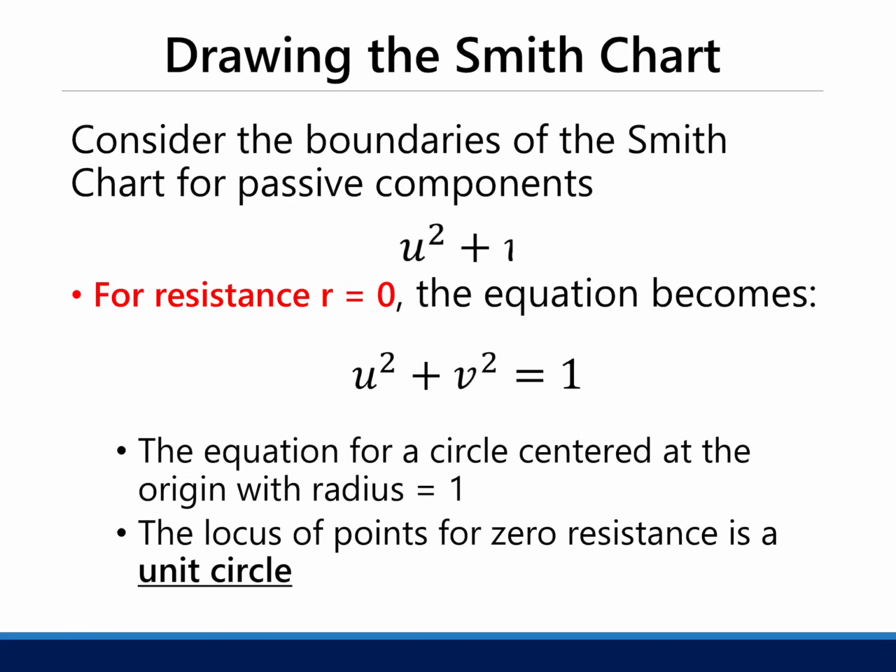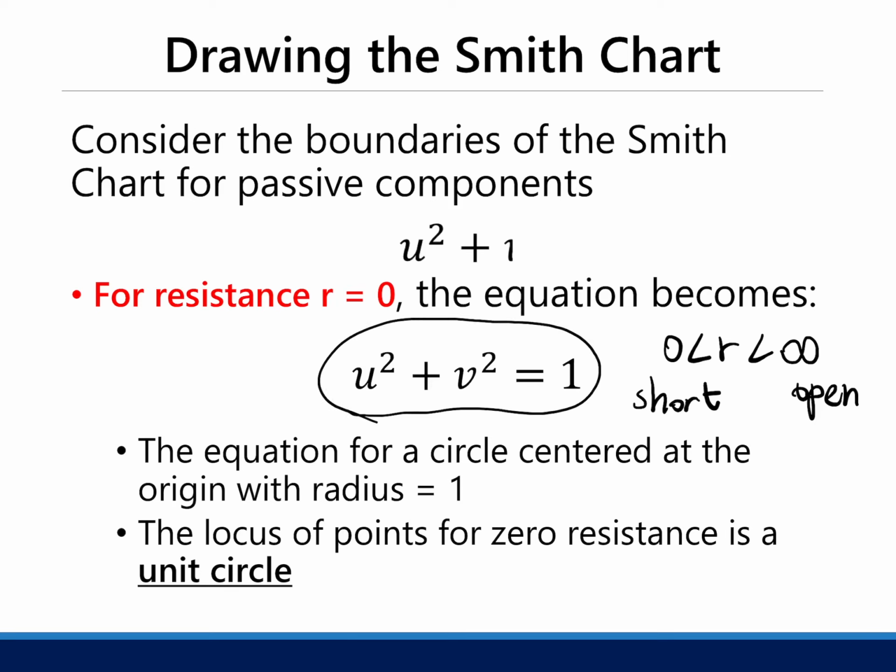First let's look at the boundaries of the Smith chart. Your resistance is between 0 and infinity, a short circuit and an open circuit. If it's a short circuit, the equation becomes this, which is the equation of the unit circle.